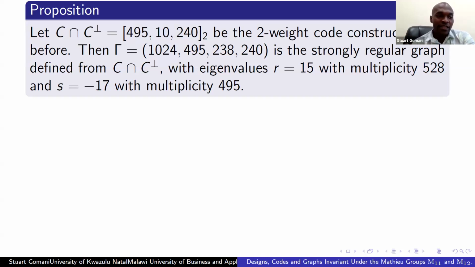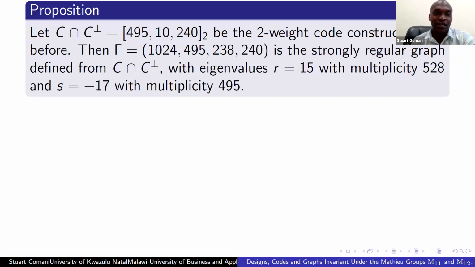This is the point that motivated us to think of doing something more to the structures that we're developing from M11 and M12. And the first thing that we decided to do was to refer to literature. If you have got a design under the method 2 construction, you can actually define a graph from that design.